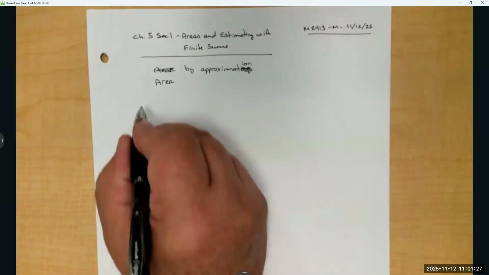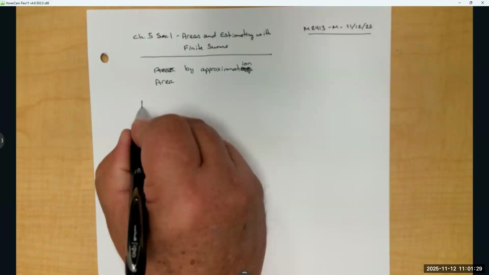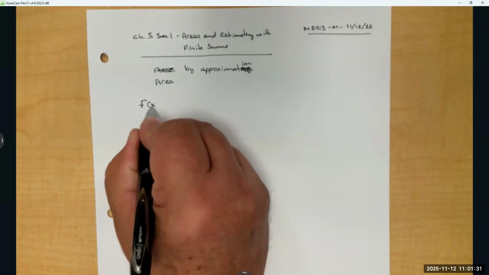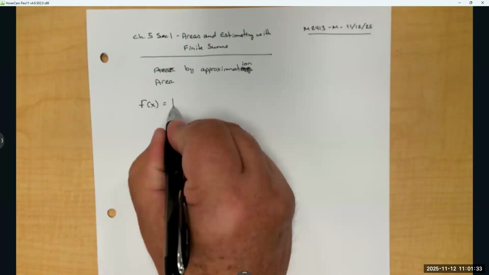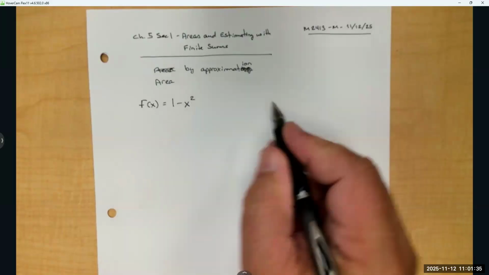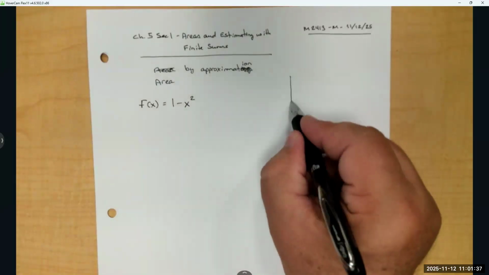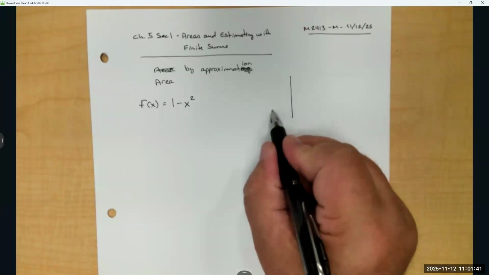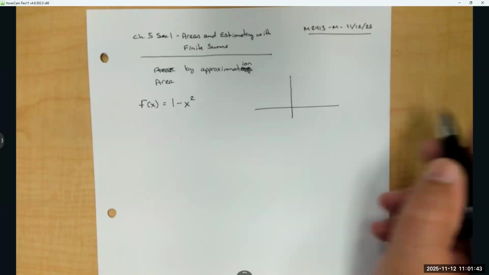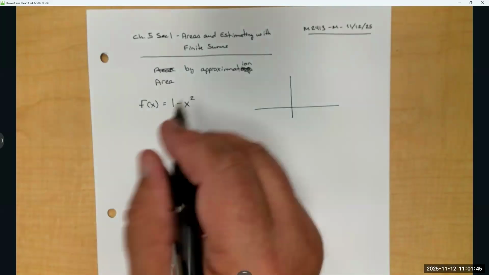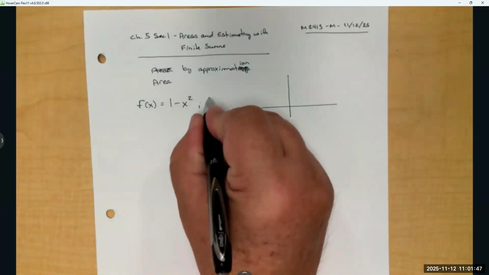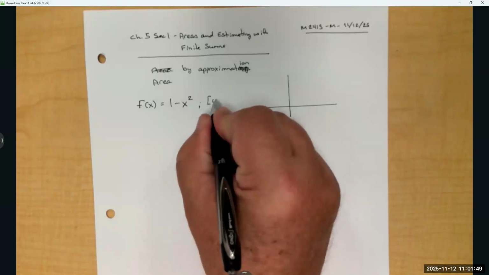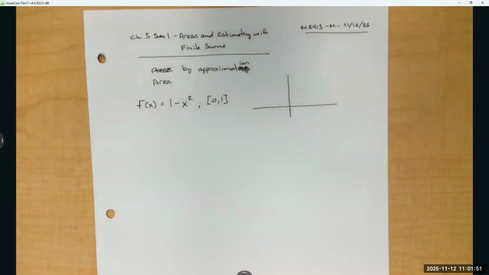If we were given this first function, one minus x squared, we know by looking at this graph that we're going to stay on the domain from 0 to 1.